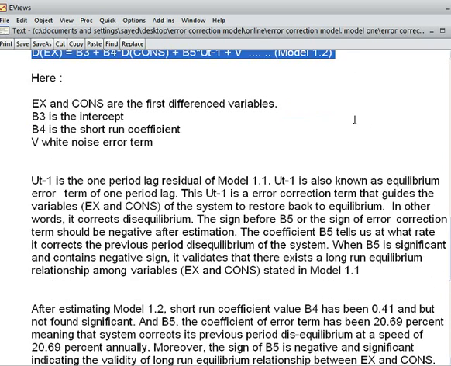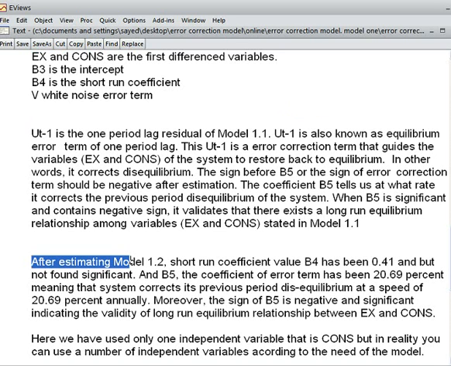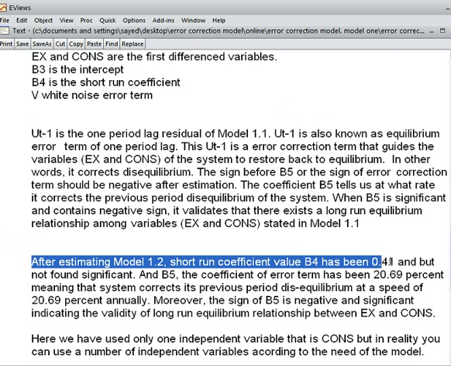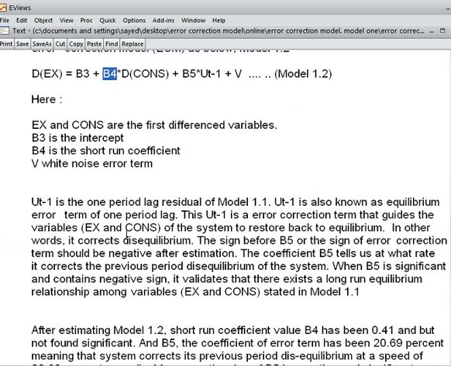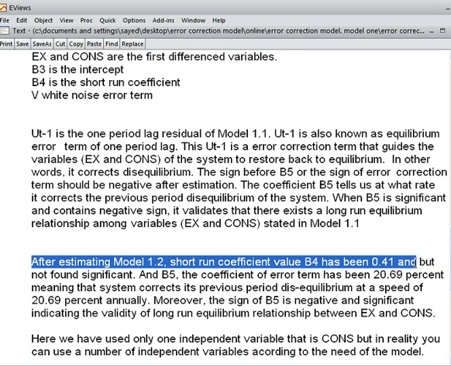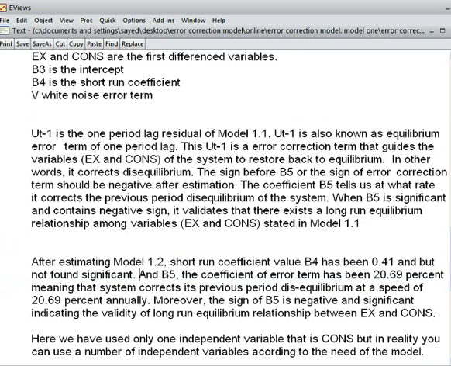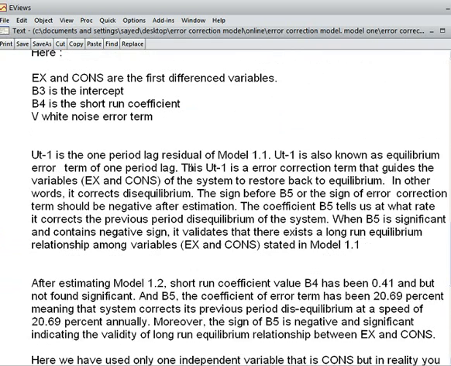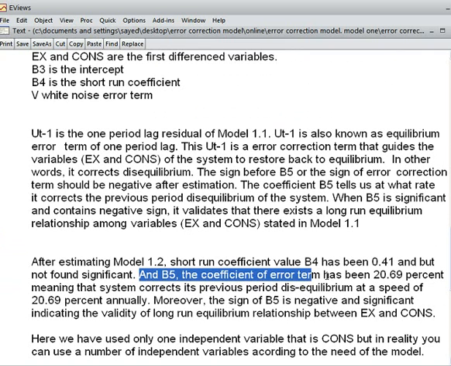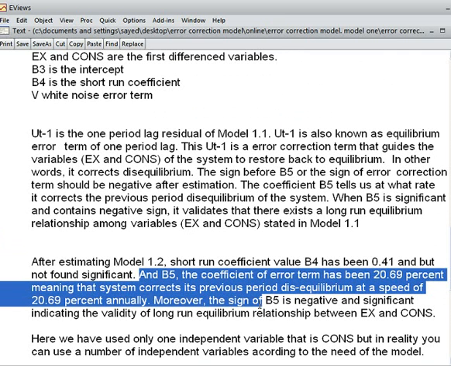After estimating model 1.2, the short run coefficient B4 has been 0.41, but it was not significant. And B5, the coefficient of the error correction term, has been 20.69%, meaning that the system corrects its previous period disequilibrium at a speed of 20.69% annually.